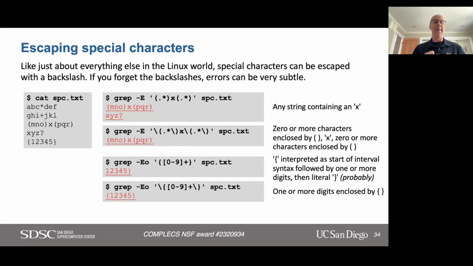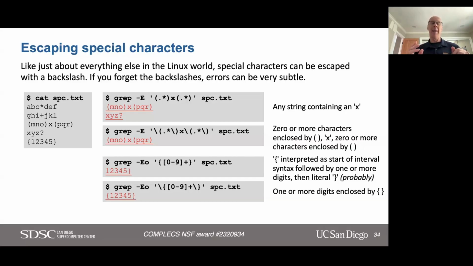This has strings of characters, but it also has math symbols, stars, pluses, question marks, and parentheses. Let's say we're looking for a string of 0 or more characters enclosed by parentheses, followed by an X, followed by, again, 0 or more characters enclosed by parentheses.